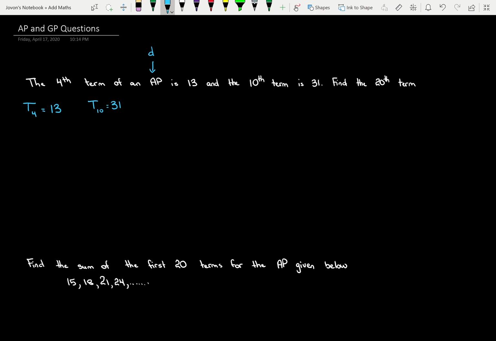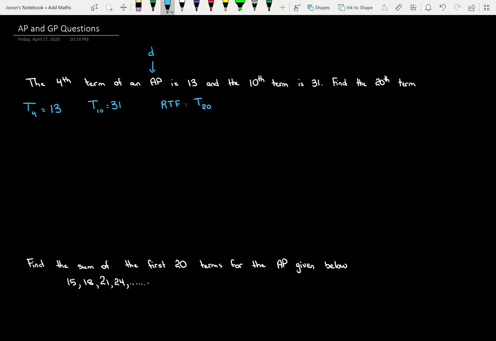So normally what I would write is RTF, required to find, T20. Okay, so this basically gives us everything we need to know for the question. The fourth term is 13, the 10th term is 31. We are dealing with a common difference, and we are required to find the 20th term.